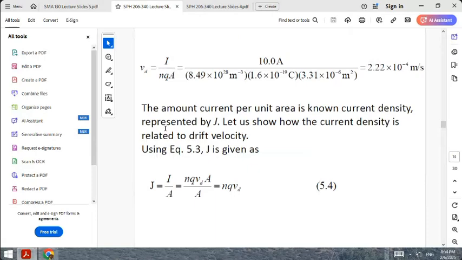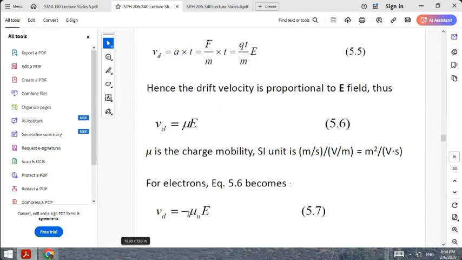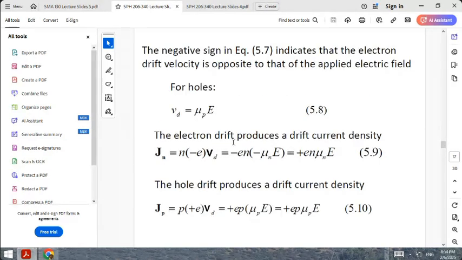We have been given the value of v, and equation 5.4 gives us the value of J. So I replace v in equation 5.4 with the value of v we obtained for electrons, which is negative mu n E. So we end up getting the current density due to electrons as e n mu E. What is e?